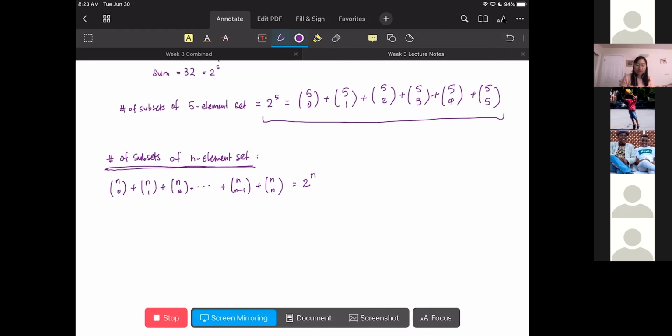So now we've proven or derived this interesting identity, which is that if you sum up all of the combinations of n from 0 to n, that equals 2 to the n. Any questions on this?